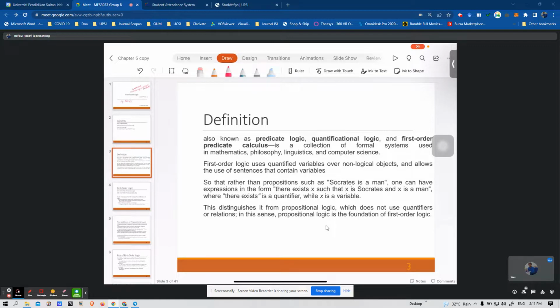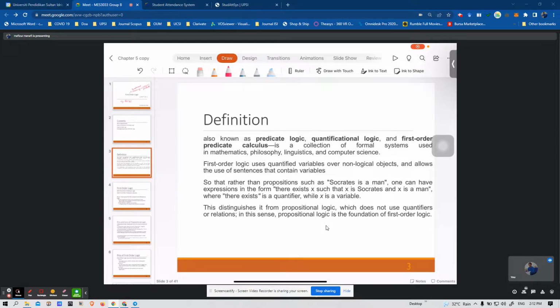First order logic is also known as quantificational logic. First order logic predicate is a collection of formal systems that are being used in mathematics, philosophy, linguistics, and computer science, as I have explained. First order logic uses quantified variables over non-logical objects, which allows the use of sentences that contain a variable.